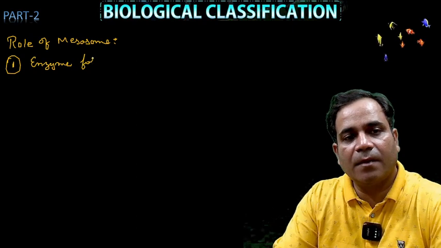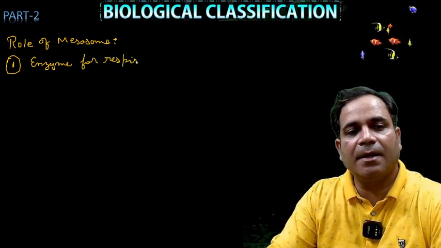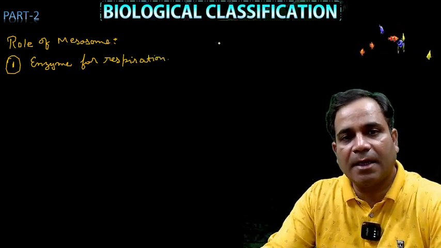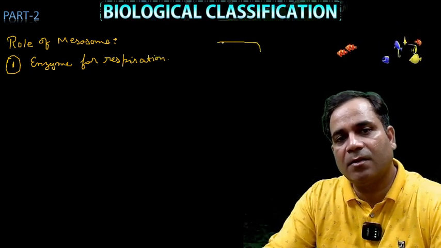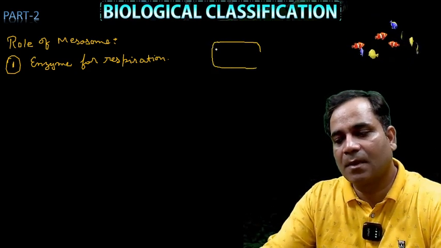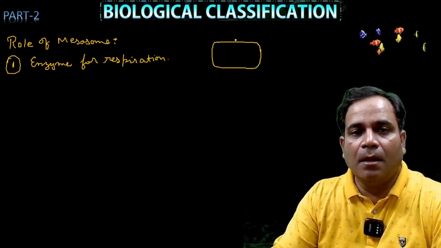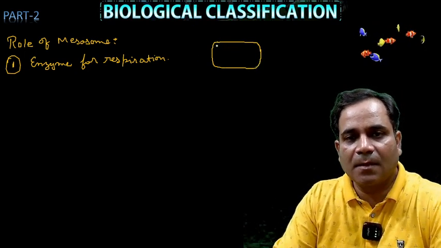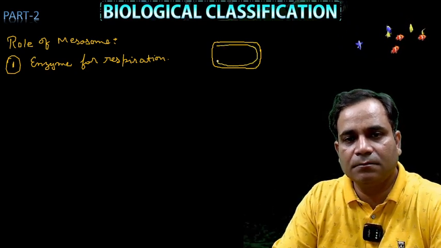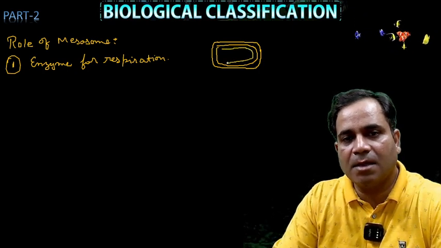If I'm making a diagram here, the outer layer is glycocalyx, the second layer is cell wall, and this one is the third layer called mesosome.